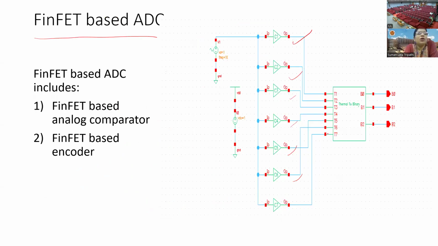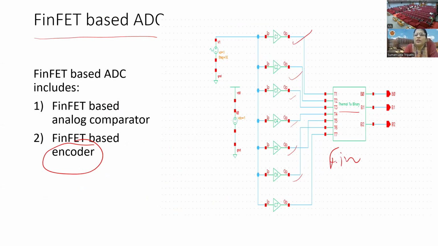Another block that we need is the encoder. If it is a 3-bit output, you need an 8:3 encoder. Here one encoder is shown, which is also designed using FinFET.